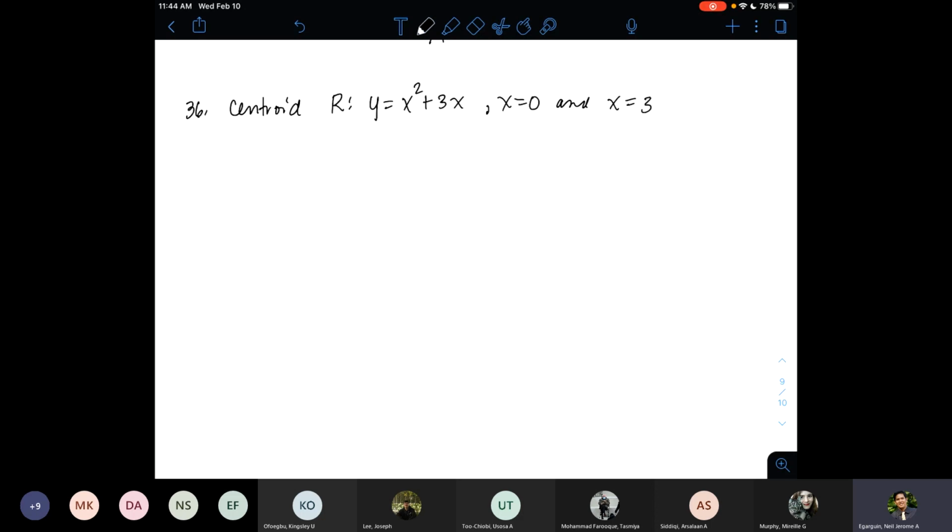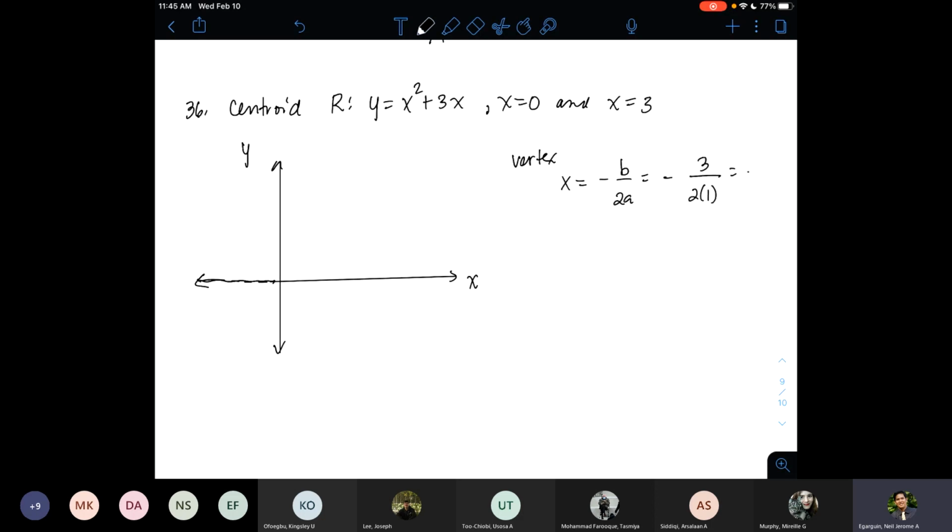Okay, so let's sketch the region, though it is not required, just to have a clear visualization of the problem. X squared plus 3x is a parabola with vertex at x equals negative b over 2a. So that's negative of 3 all over 2 times 1, which is negative 3 halves. So the vertex is at x equals negative 3 halves.